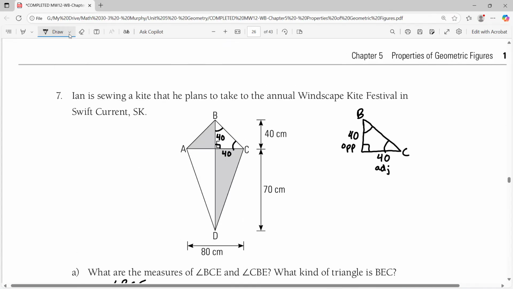So I can write in red here, 45. Now we can use a bit of logic here too. If we know this is 90 and 45, we don't have to do this all over again. We can just subtract the two angles that we know from 180 to get the last angle.